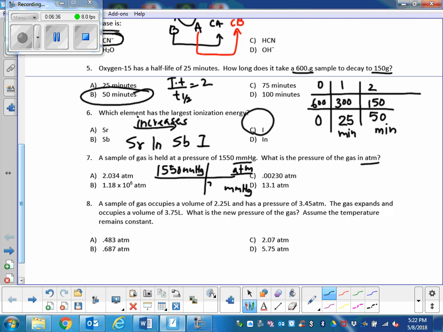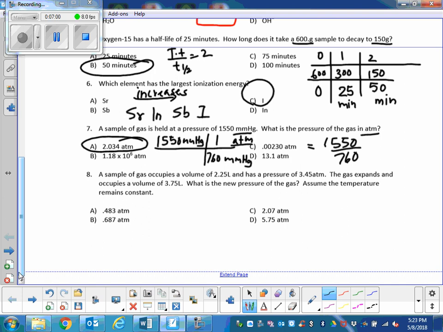The conversion factor is 760 millimeters of mercury is 1 atmosphere. So your math in this problem will be 1550 divided by 760, and if you divide, you'll end up getting 2.034.